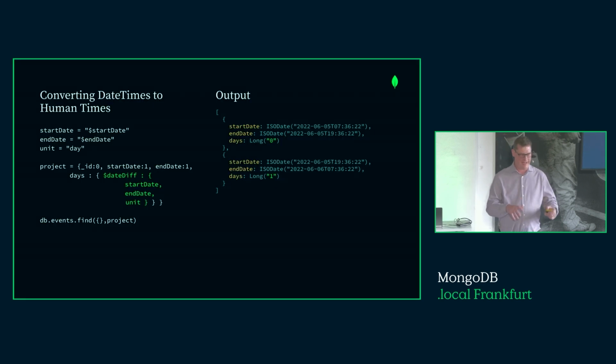Basically, we convert date times, which are a computer's concept of time, which is seconds since 1970, into what we would think of as human times, actual days. So here, I can say, I'm on the start date and the end date, and I'd like to know how many days that is. Now, in these 2 examples, the actual number of hours between those 2 date times is the same, but one of them starts before midnight and finishes after it.